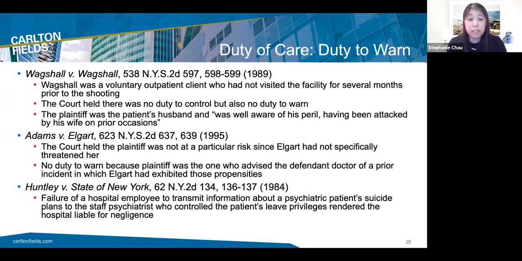And the reasoning behind that was the plaintiff was the patient's husband, and he was well aware of the threat because he was himself one of the victims of his wife's attacks on prior occasions. So there, the court held that because the plaintiff was already aware of the threat, there was no duty to warn.